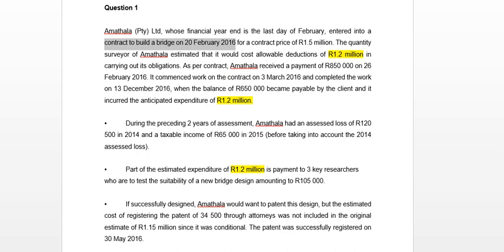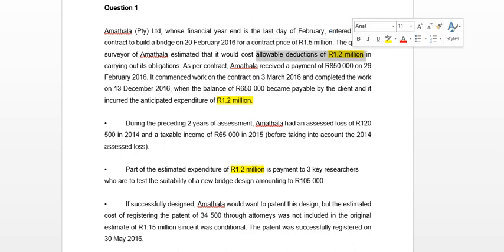Okay, so what we have here is a contract to build a bridge, and the total income that we will receive is 1.5 million. But the cost or expenditure which is allowed in terms of the Income Tax Act is 1.2 million Rand.